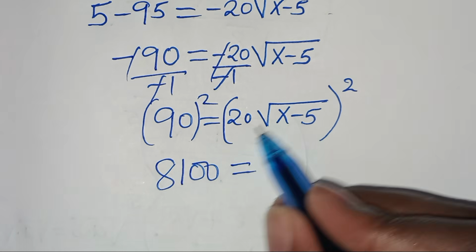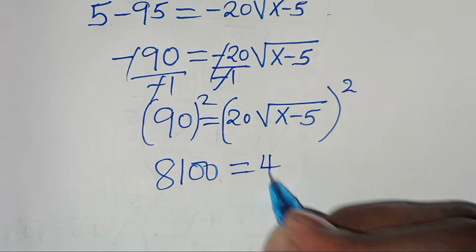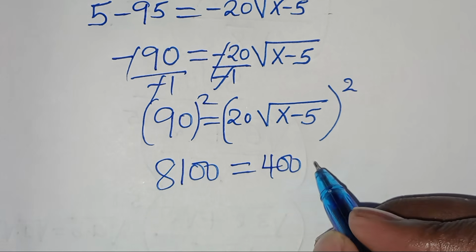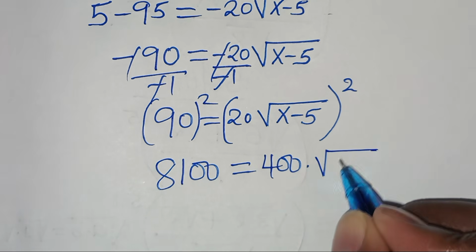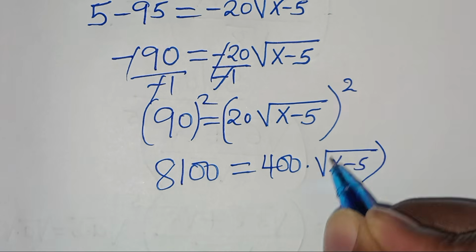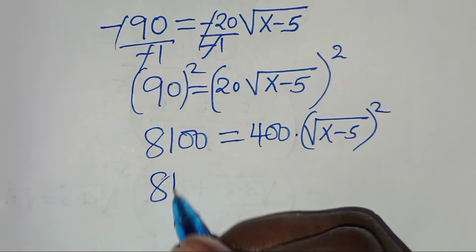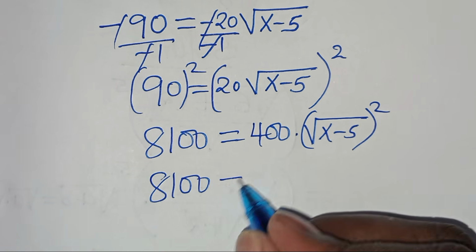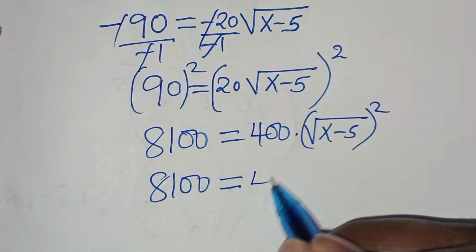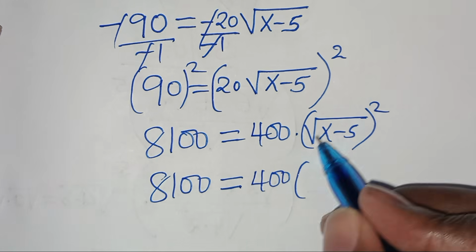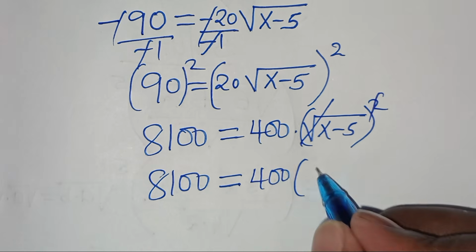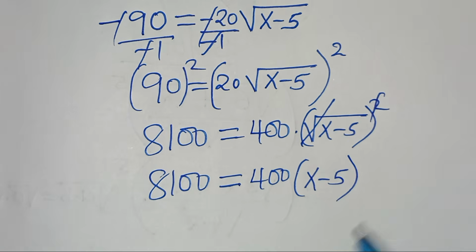This is equal to 20 squared, this is 400, then multiplied by the square root of x minus 5 to the power of 2. So we have 8100. This is equal to, now this is 400 multiplied by, let's eliminate the square root sign, multiplied by x minus 5.